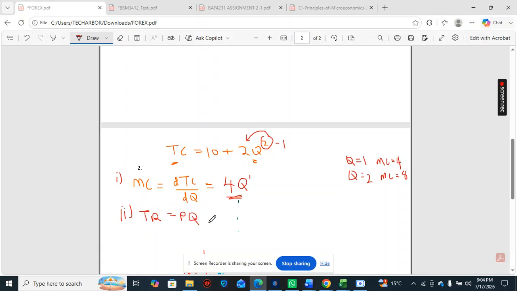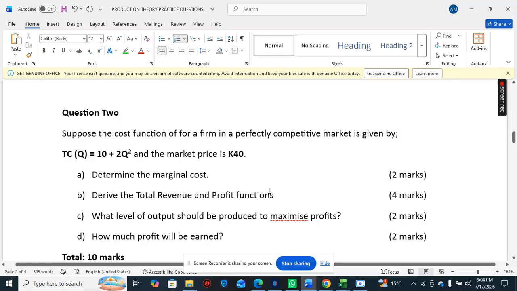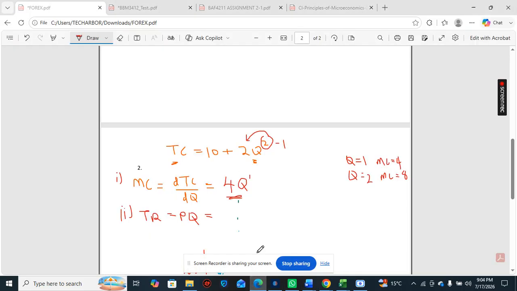Okay. In this case, the price they gave us in the question is 40 kwacha. Okay, so price is 40 and our quantity is just Q. Yes, quantity is just Q. So you're going to say 40 times Q, total revenue function is 40Q.